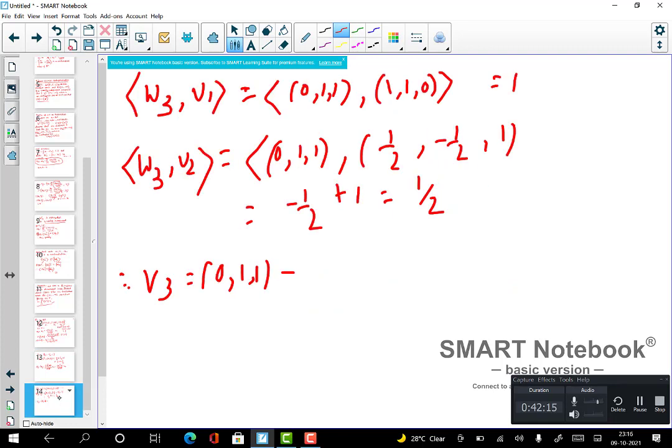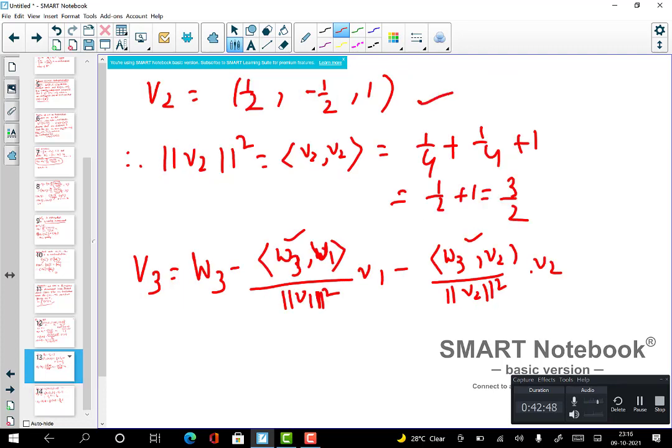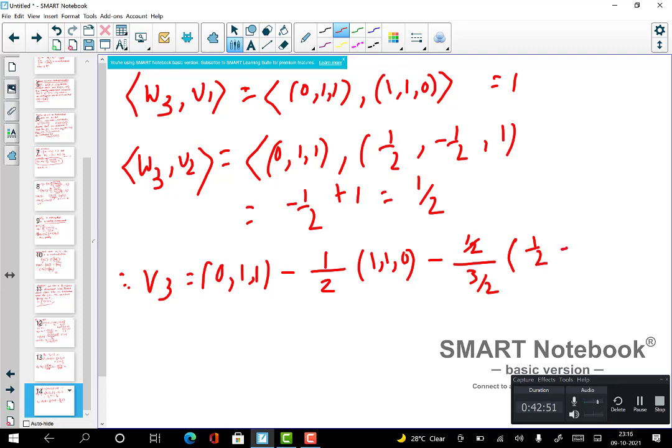So this is half, 1 divided by 2, and then we have V1, which is nothing but W1, so 1, 1, 0, minus half divided by the norm 3 by 2, and then V2 is the vector half, minus half, 1. Now the 2 gets cancelled, and you'll have 1 by 3.